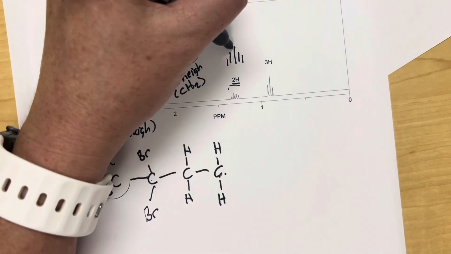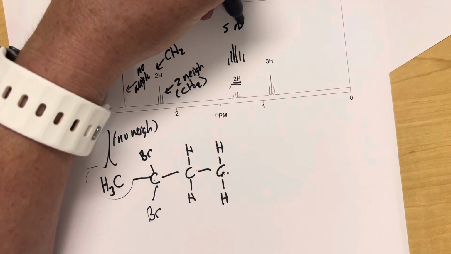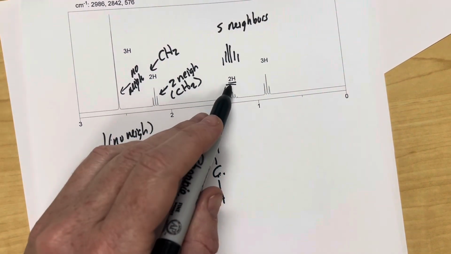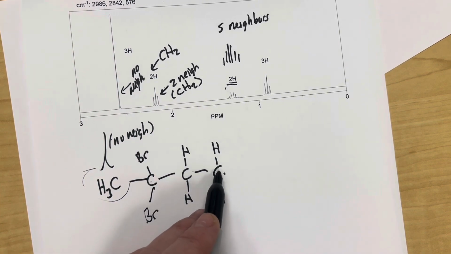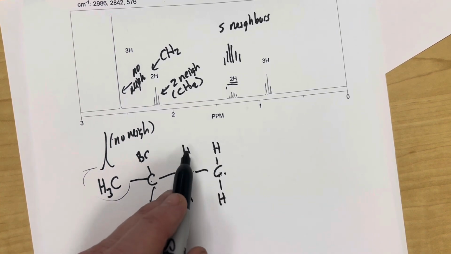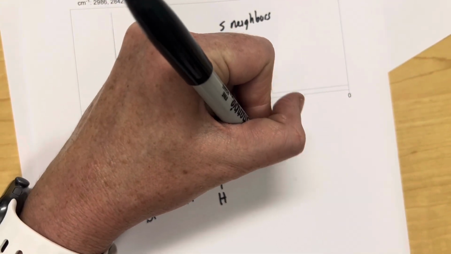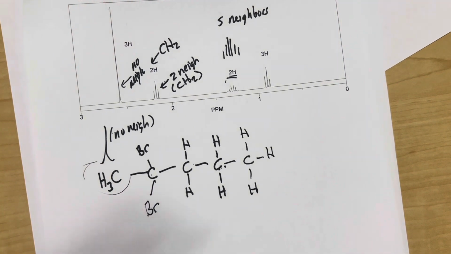That makes even more sense. What that tells me is this thing has 5 neighbors. So I have some CH2 with 5 neighbors. I already have 2 here, so this must be the other 3. You can go back and check.